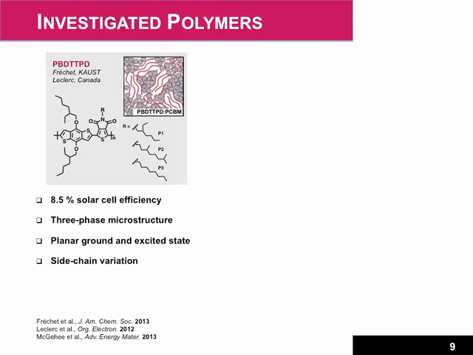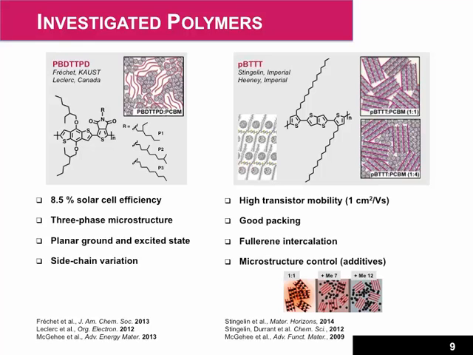We also collaborated a little bit with Jean Fréchet at KAUST, who provided the same polymer but with different side chains. By varying the side chains, we could look at the effect of the packing in the pure polymer domains on the photophysics and find out more things. We then studied the second polymer, which is PBTTT, which is not known so much for its solar cells, but more for its transistors because it has extremely high mobility and extremely good packing, and some call it crystallinity of the polymer.